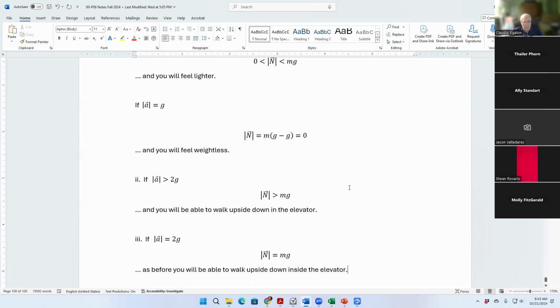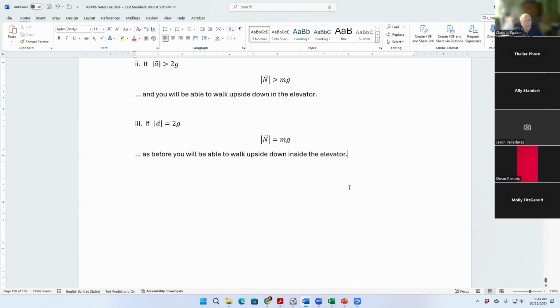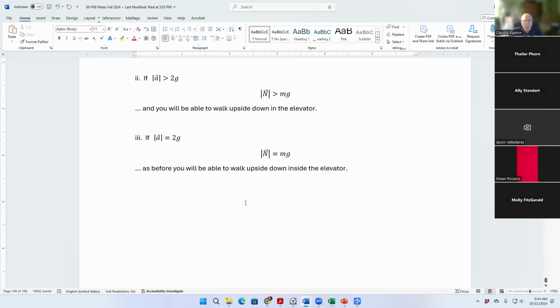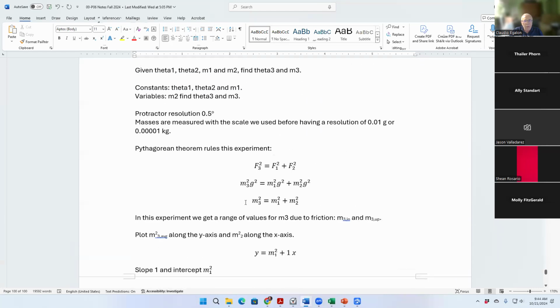So those are the types of problems that we have for apparent weight. Later on, you're going to see another example of apparent weight using circular motion in chapter 5. So we are done with this. That's what I want to cover.